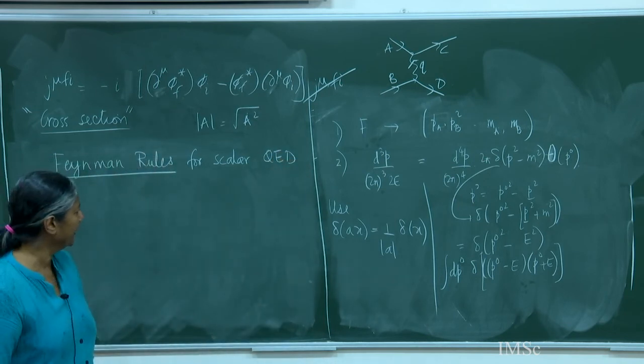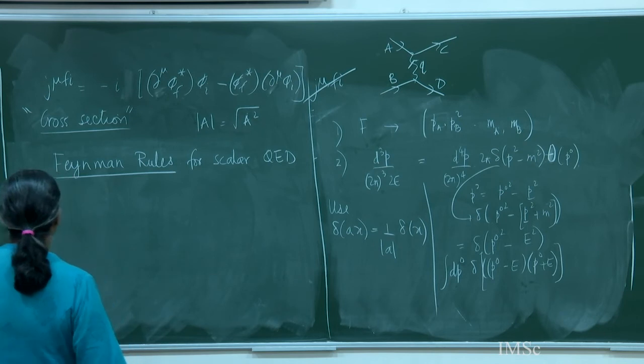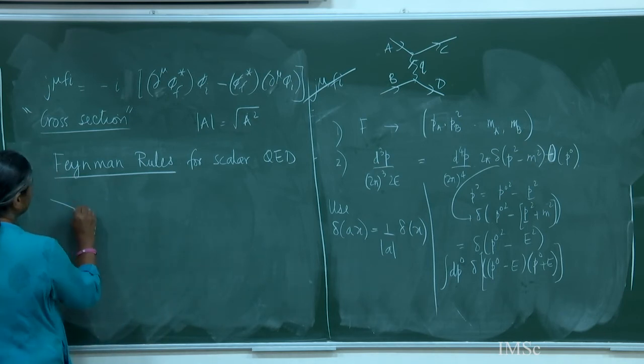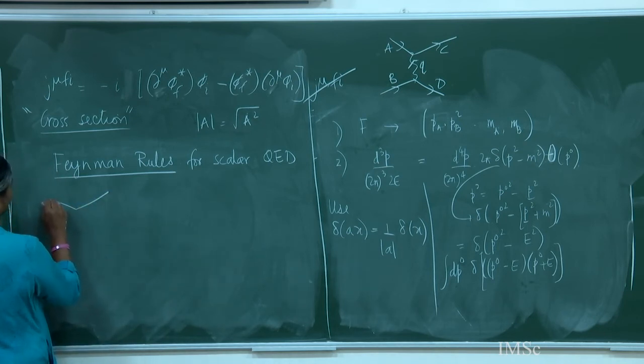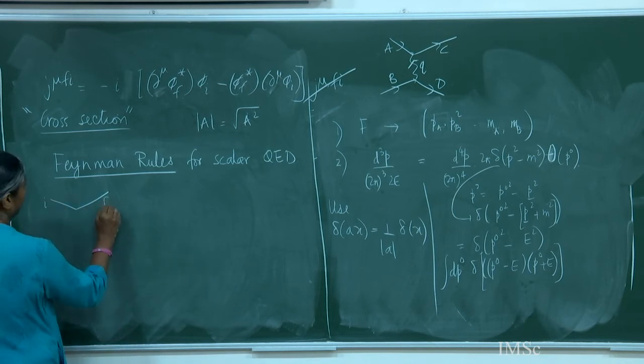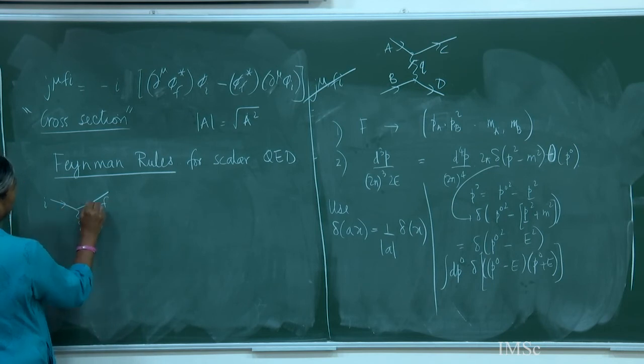For scalar, meaning no spin, right? So what do I have? If I have some particle with momentum, let's call it I and F, interacting with a field A mu. So this vertex is mu.